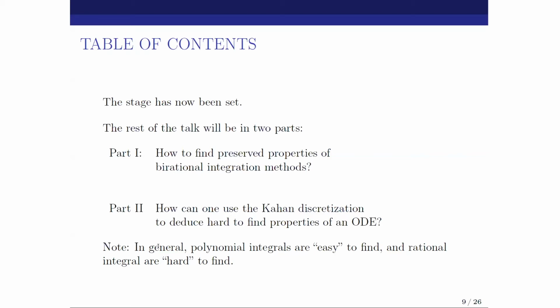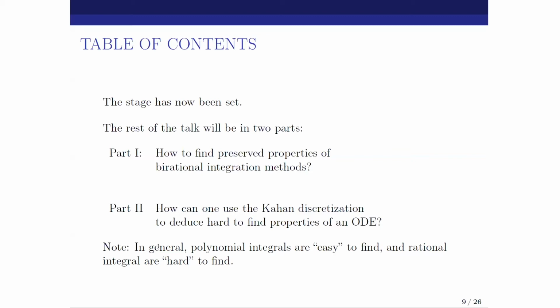So the rest of the talk will be 2 parts. How do we find these quantities that we just saw, the H wiggle and the M wiggle? And in the second part, I'm going to ask the question: how can you use the Kahan discretization to find properties of the ODE that you didn't know from the beginning?